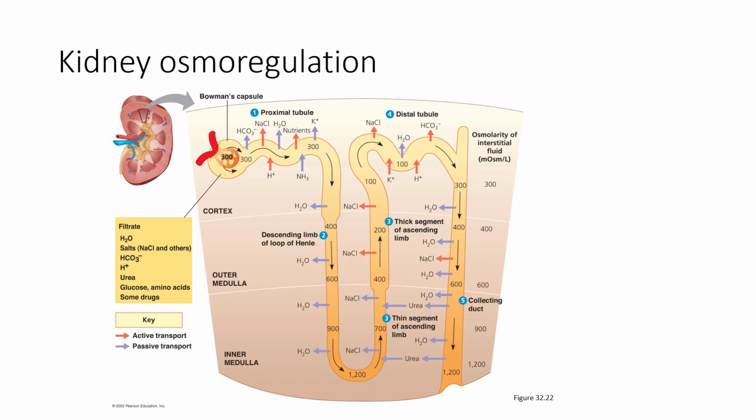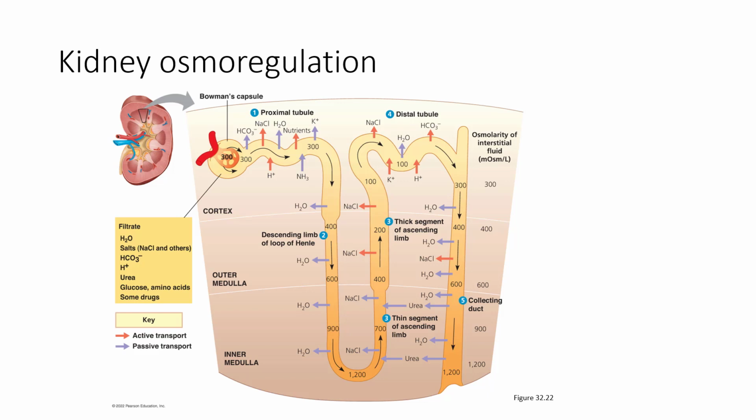So what happens here, it seems like it's not really getting very far, but it's taking out water and taking out sodium chloride, and all the other things the body doesn't want are now going to be concentrated in there. And this is where you can see a countercurrent exchange. The descending limb increases in osmolarity as it goes down, and the ascending limb decreases in osmolarity as it goes up.